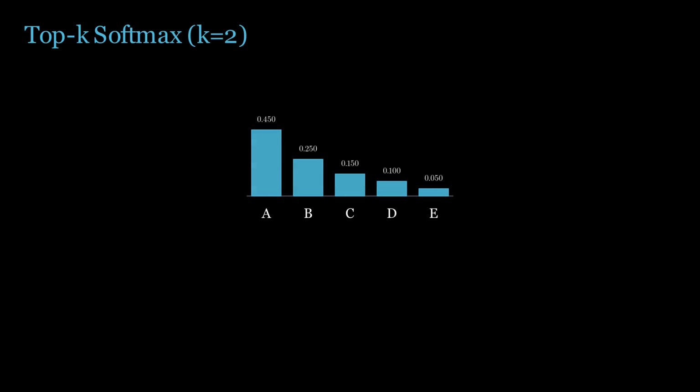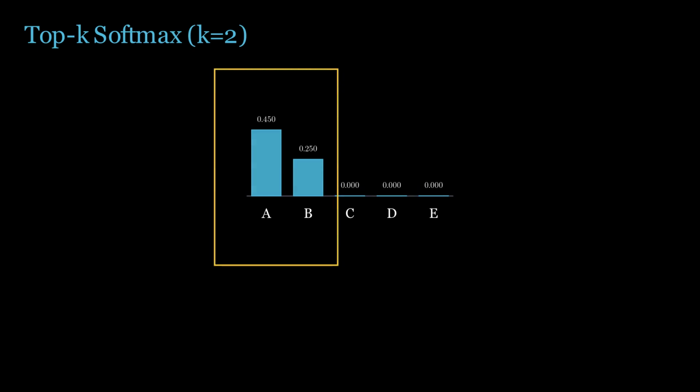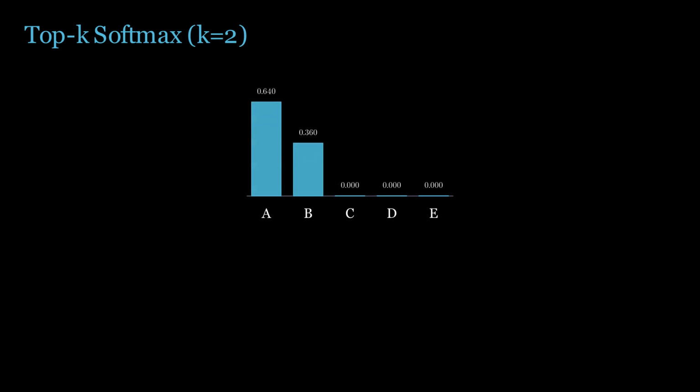How do we fix this? One common engineering trick is top-K softmax, heavily used in modern sparse mixtures of experts. The idea is simple. Compute the softmax, keep only the top K values, and renormalize them. It forces sparsity, yes, but it introduces two new problems.